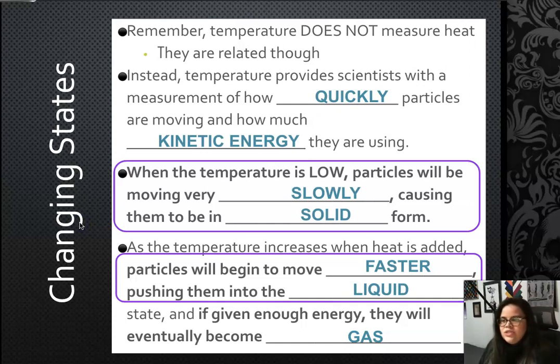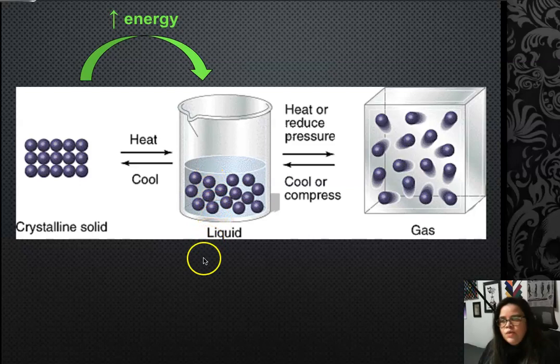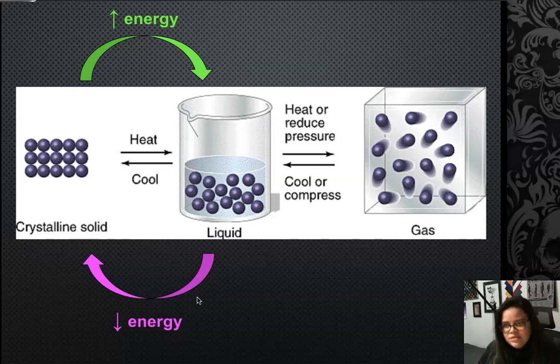Okay, and just to give you a visual of that, in order to go from a solid to a liquid, particles here are moving very slowly. We need them to move faster, and so we're going to add energy to the system. If we wanted to go backwards and freeze this liquid and turn it back into a solid, the particles have to slow down, which means they're going to remove energy or release energy from the system.